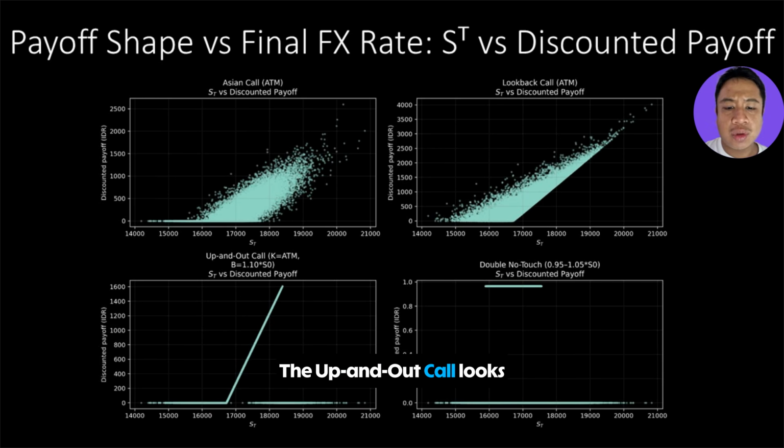The up and out call looks like a call payoff that suddenly collapses to zero after the barrier region. That's the impact of the knockout risk. For the double no touch, most simulations give either zero or full payout. The scatter shows how survival depends on where ST ends versus the band. This view is powerful for client education. You can literally show how payoff changes when the FX rate moves.